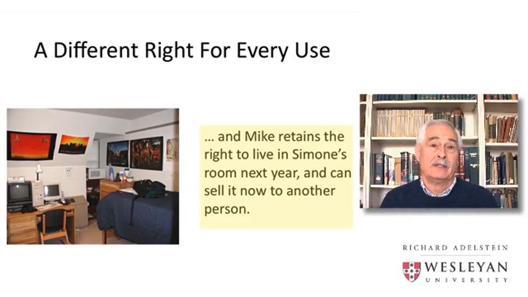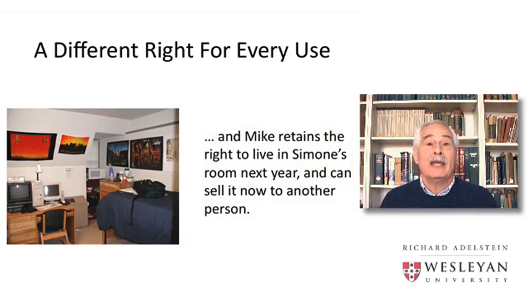2013-2014. Simone will be gone in June of 2013, and so Mike can sell the rights that Simone had in 2012 and 13 to somebody else to use in the year 2013 and 14, and he can make that sale today so that that person will have the property rights at some period in the future.